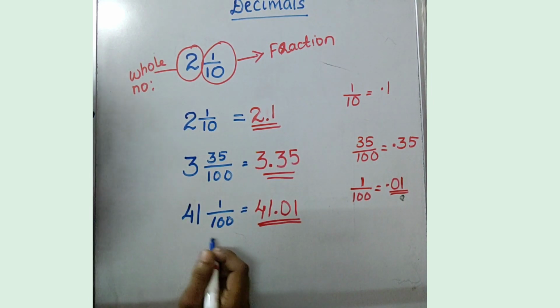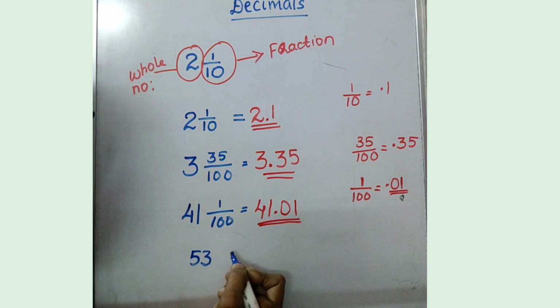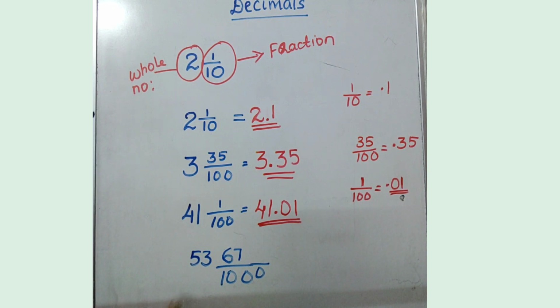Then what will be the decimal number of 53 and 67 by 1000?